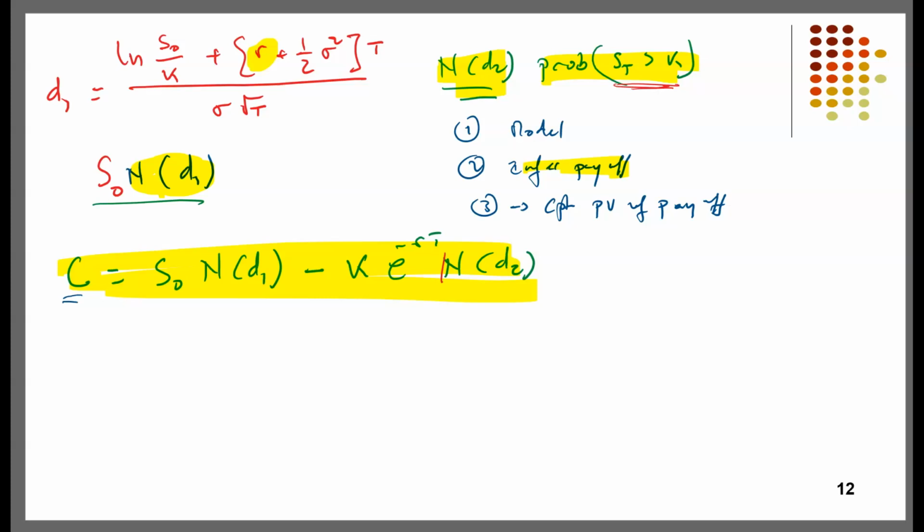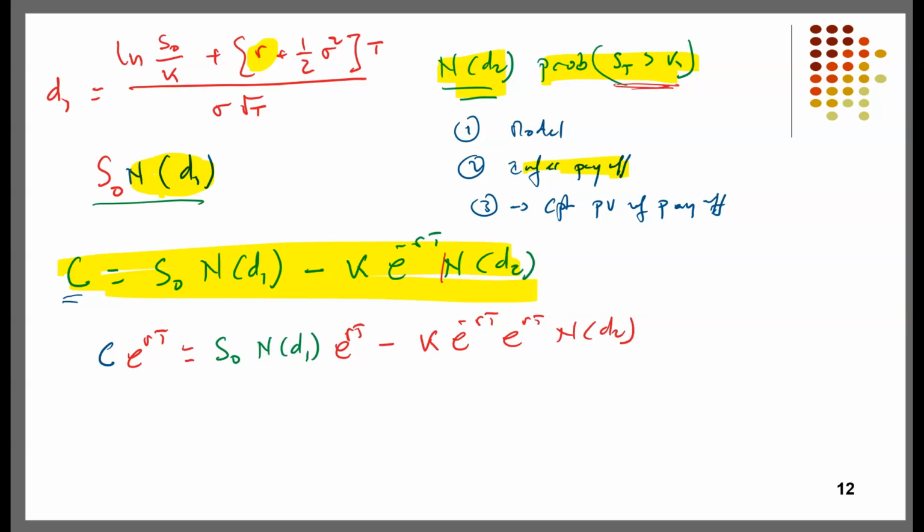So let's do that. The future value of the call: we multiply the call by exponential rT to find its future value. That would be equal to S0 N(d1) multiplied by e^(rT), just the future value that we added here as well, and then we do minus the strike price multiplied by e^(-rT) and e^(rT), and then we have N(d2).